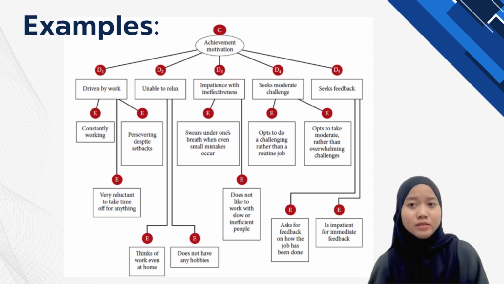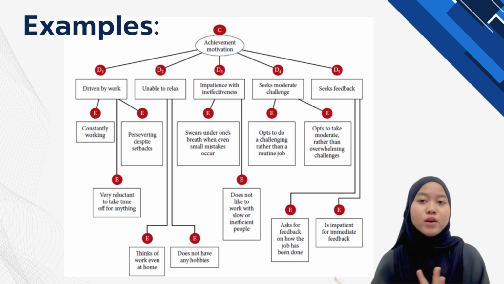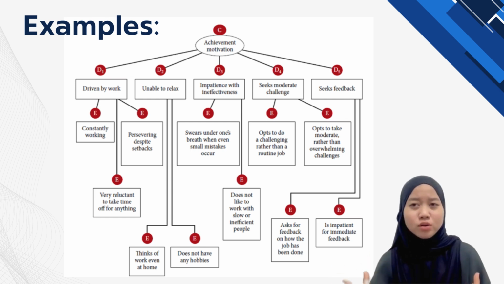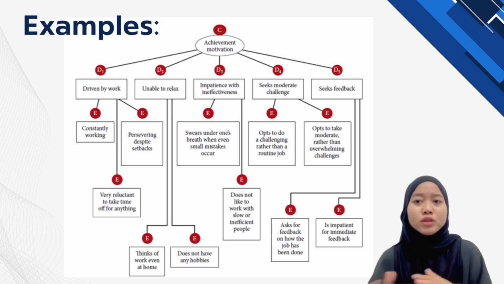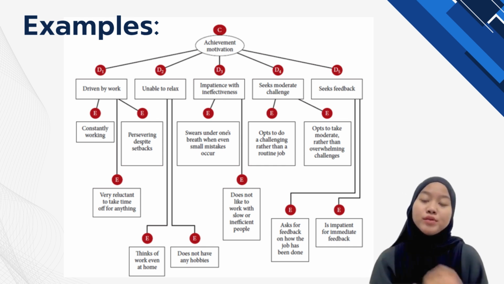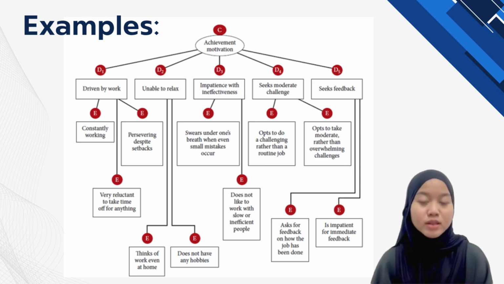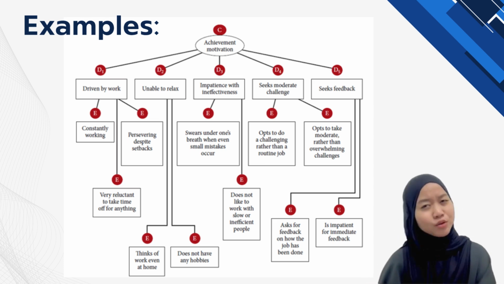Okay, in addition, the next point is impatience with ineffectiveness. Basically, one loses patience when even small mistakes occur and doesn't like to work with slow or inefficient people. Plus, seeking moderate challenge is another behavioral indicator of achievement motivation. They prefer challenging tasks over routine ones, for example being bored by repetitive work and seizing growth opportunities, like a teacher volunteering to design a new curriculum.